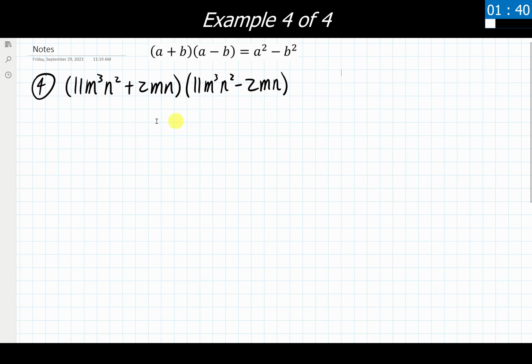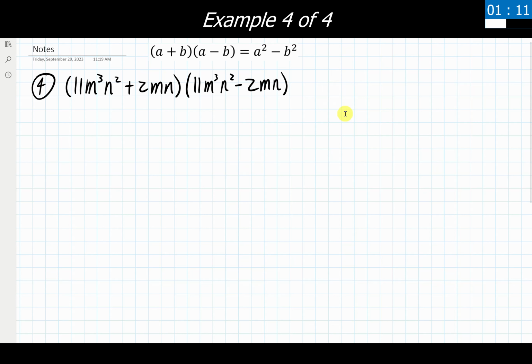Don't let the number of things that are multiplying together in each of these individual terms sway you. We had 2 things multiplying together in example 3. Now we have 3 things multiplying, the coefficient, the m, and the n's. It isn't going to change our process.